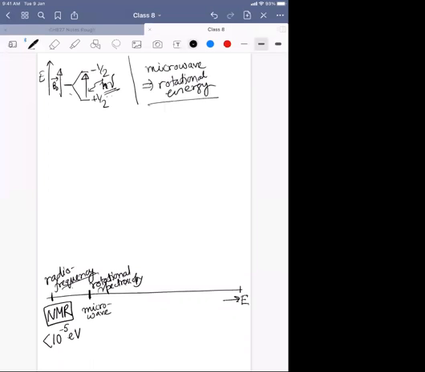Okay, what else can we use with microwave? Anyone? Yes, you can also do EPR over there. And how is this EPR, which is actually a change in the electron spin state, connected to microwave, which is the basis for rotational spectroscopy? Can anyone explain? Anyone who is taking Professor G.K. Lahiri's class?